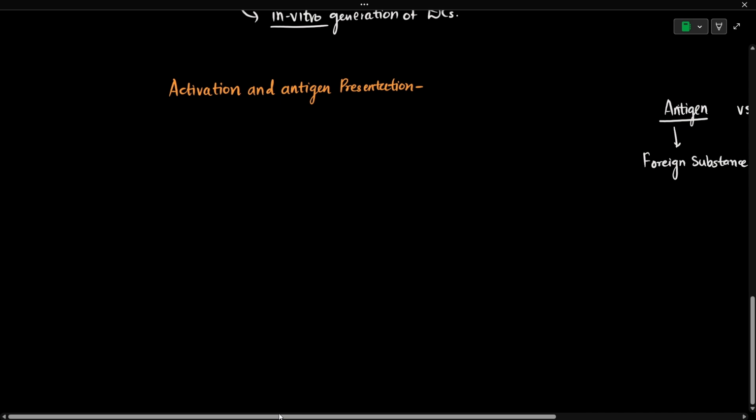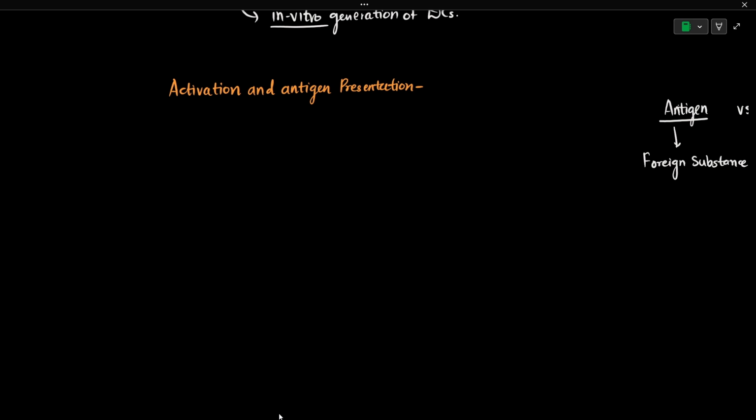So let's get back to our topic: how activation and antigen presentation is done by dendritic cells. Whenever an antigen enters the body, it will be recognized and taken up by the antigen presenting cell, the dendritic cell.